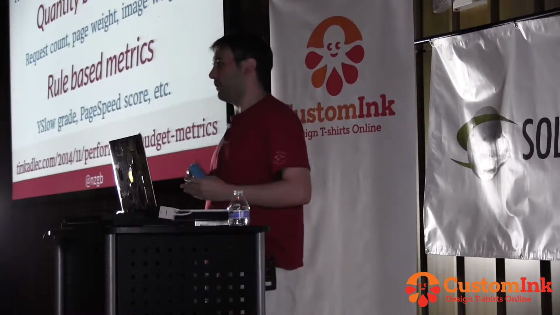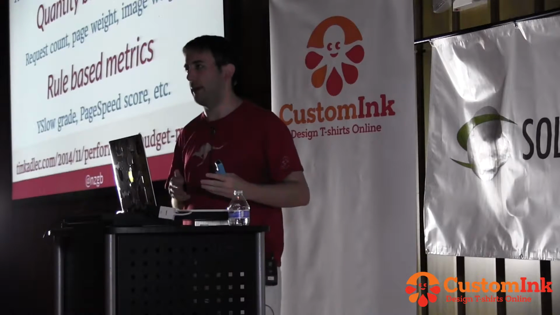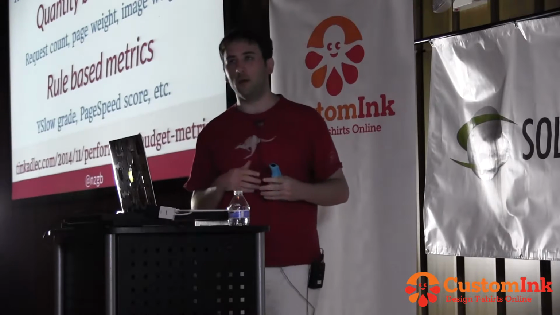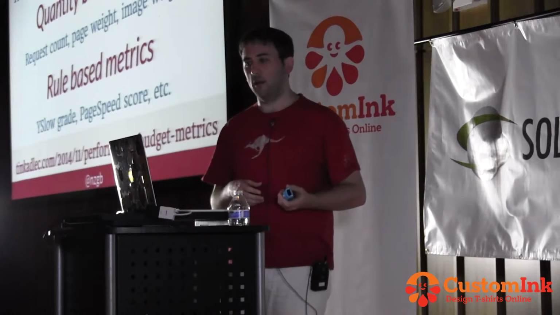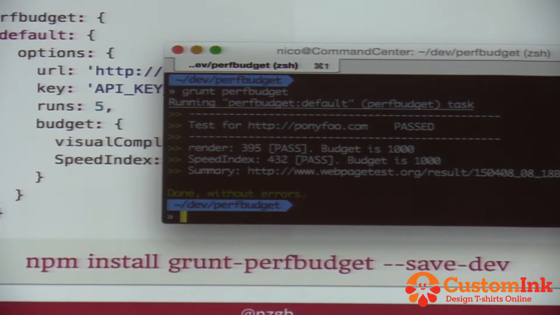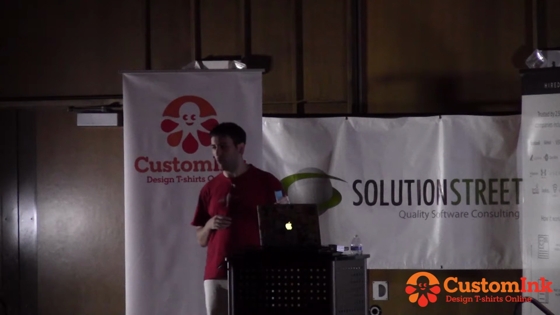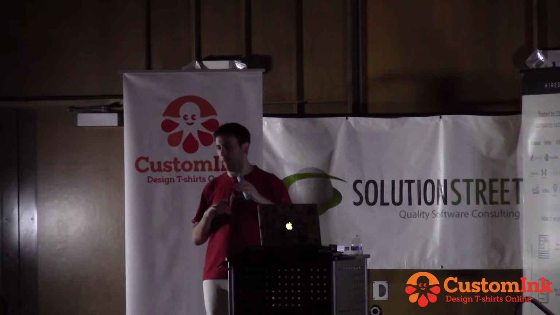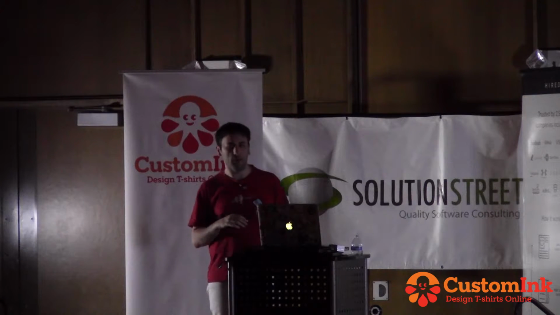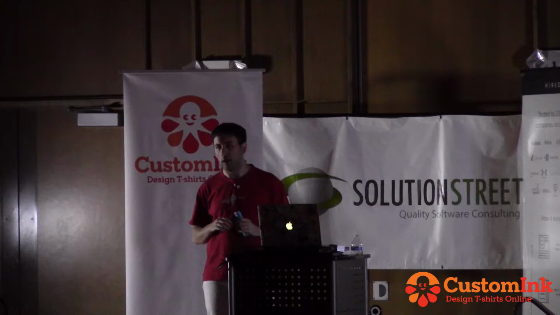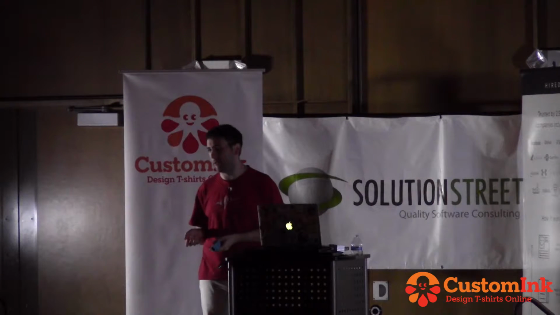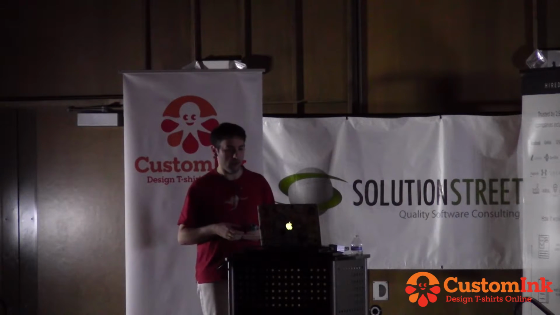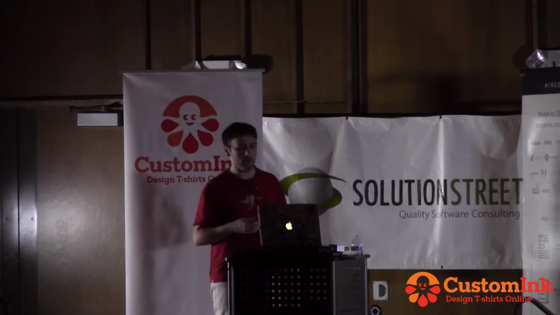Or you could also use rule-based metrics like the YSlow or PageSpeed or WebPageTest grades. So there's a lot of different tools, different metrics to choose from, but you could use grunt-perfbudget to kind of go through the options and figure out which ones are the best for your use case. But it really depends on the business that you have and the business metrics that you need to track that are important to you.